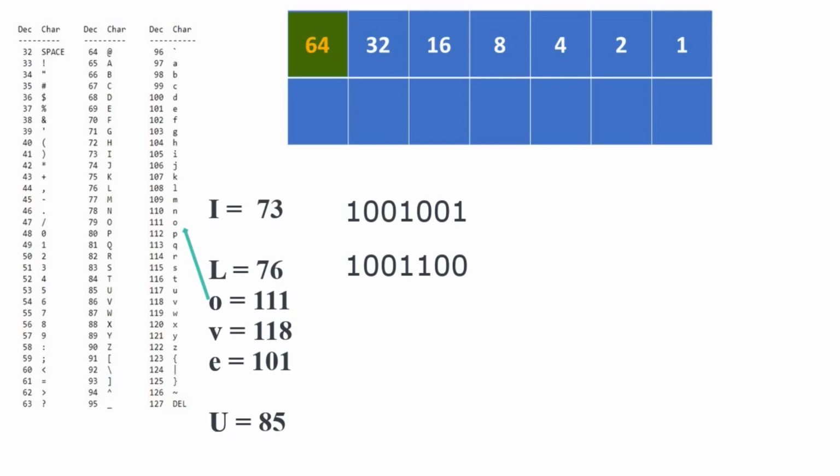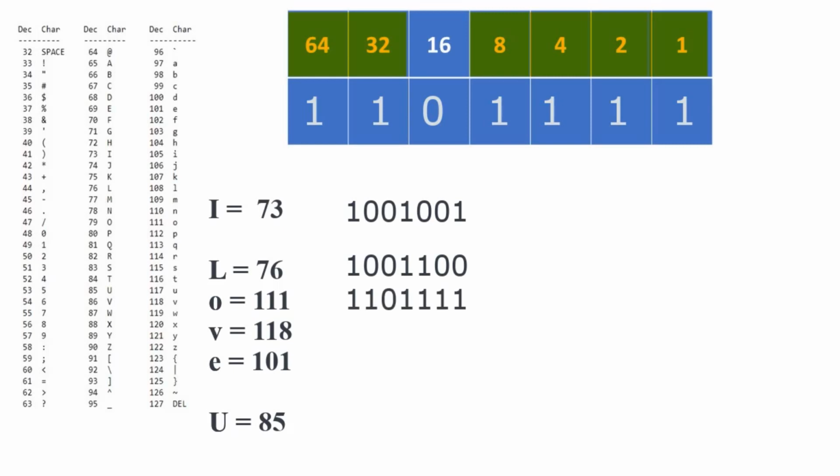Okay. 111 is 64 plus 32 plus 8 plus 4 plus 2 and plus 1. Correct. That is equivalent to 111. In binary, that is 1101111. So, yan yung letter O, small letter O sa binary.